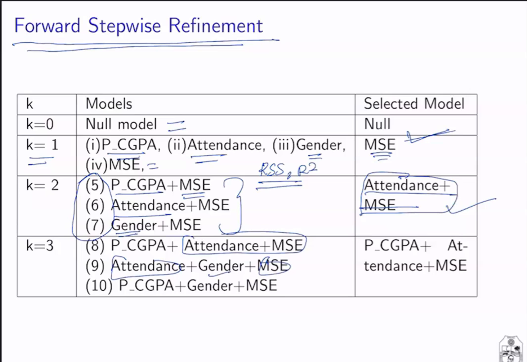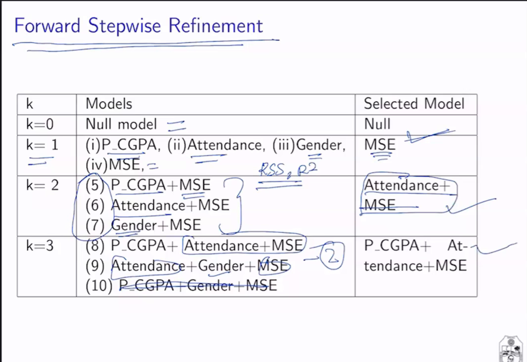So these two different models are generated. Out of these two, suppose that you have selected this one.